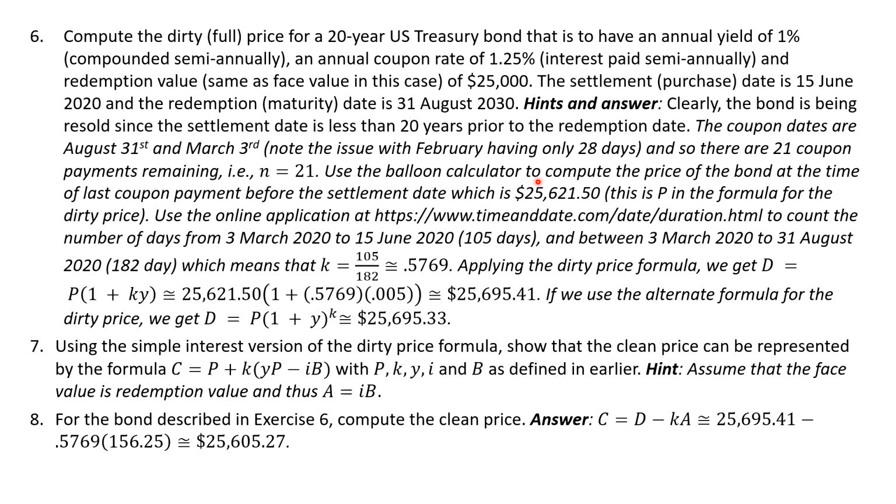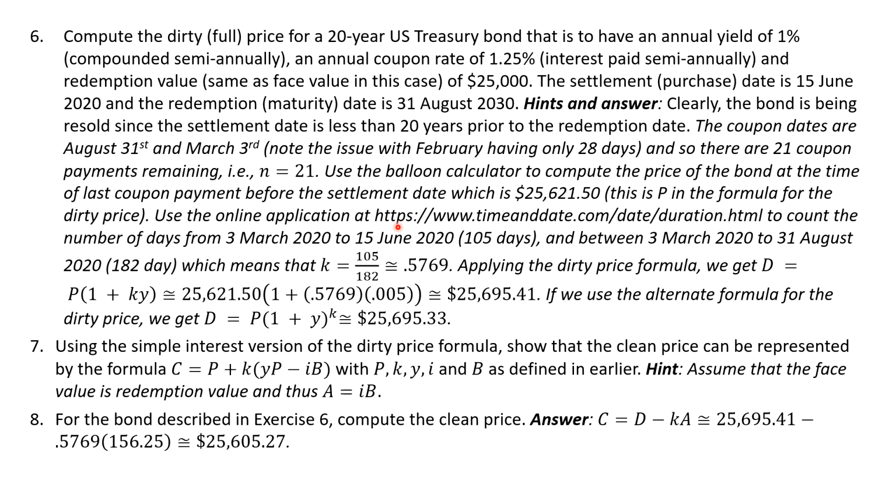Use the balloon calculator, and I'll give you a link to all the different calculators and the information to this video. Use that calculator to compute the price of the bond at the time of the last coupon payment before settlement, and we get this number here. And then we use this as P in our two different formulas for the dirty price.